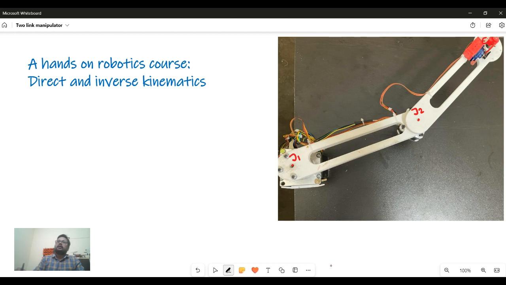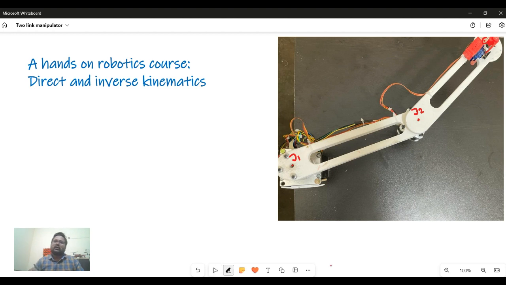At the end effector, I placed a pen that can be lifted up and down using just one servo motor. So in this class we will first derive direct kinematics and also inverse kinematics.